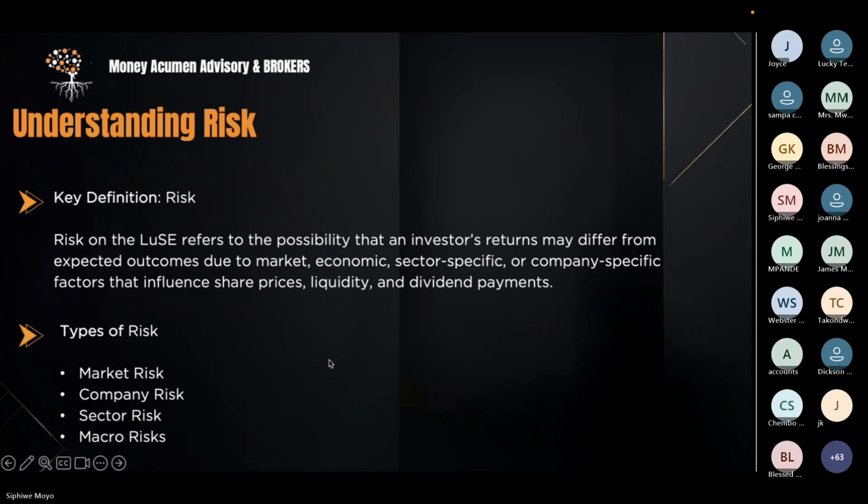So in relation to the LuSE, the Lusaka Securities Exchange, or any other stock market really, risk refers to the possibility that an investor's returns may differ from expected outcomes due to market, economic, sector-specific, or even company-specific factors that will influence share prices, liquidity, and eventually dividend payments.